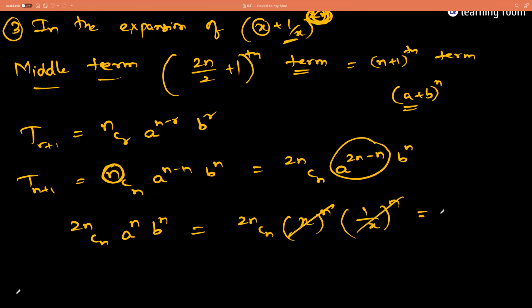X power n and 1 by x power n will get cancelled. You will have 2nCn. Any doubt?